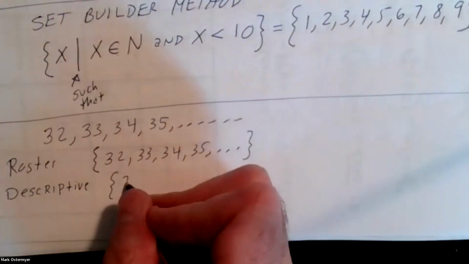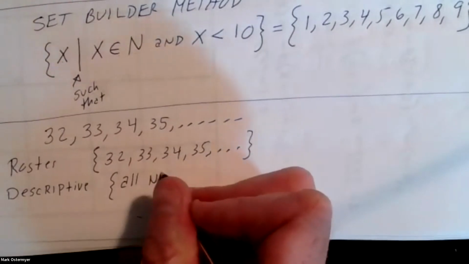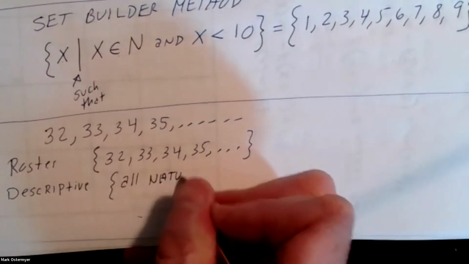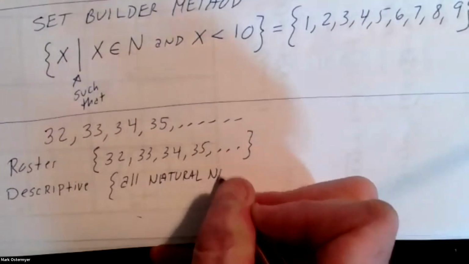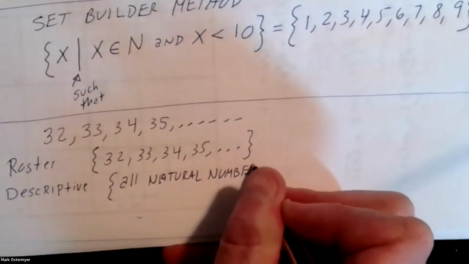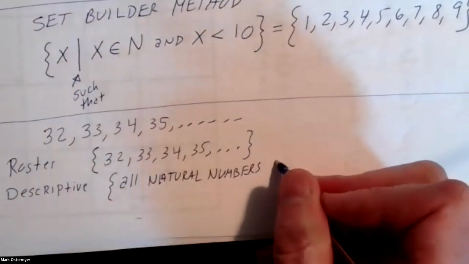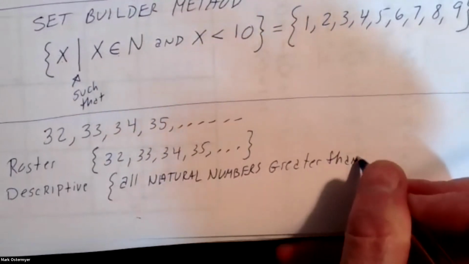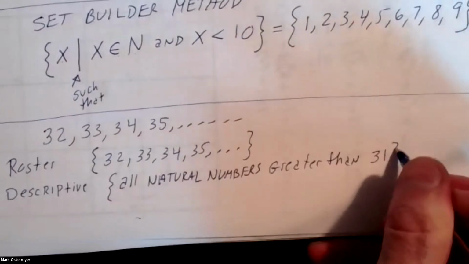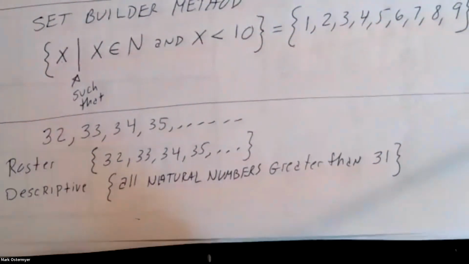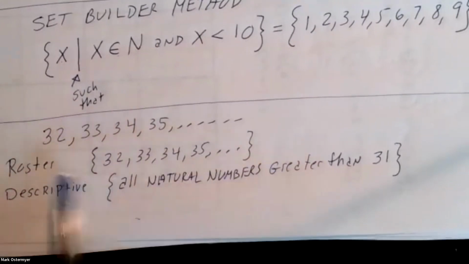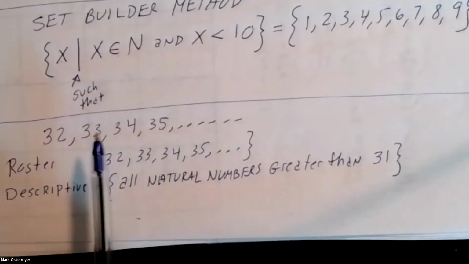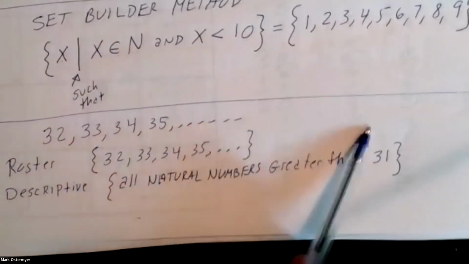We could say all natural numbers greater than 31. There you go, ladies and gentlemen. That'd be a descriptive way of representing a set of numbers. All natural numbers that are greater than 31 would be 32, 33, 34, 35, 36, 37, etc., etc.